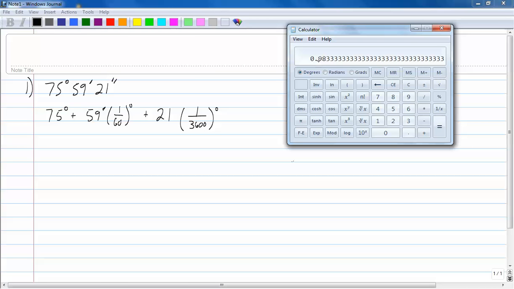That's 0.983 repeating. 21 divided by 3600. What was it, 0.983? Is that what I said? 0.983 repeating.